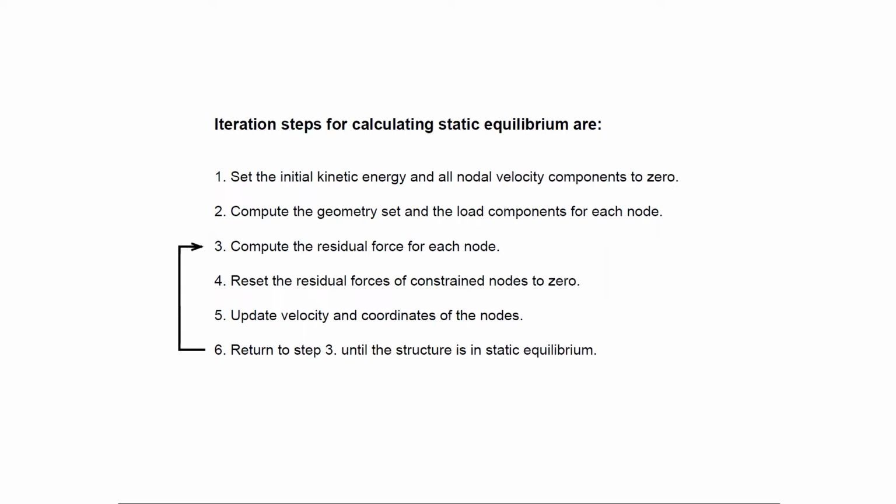For these minimal surfaces, the way we define this problem, we will always get some equilibrium. So these nodes will not move to infinity. At one moment the residual forces will become smaller and smaller, and we will find the equilibrium configuration.